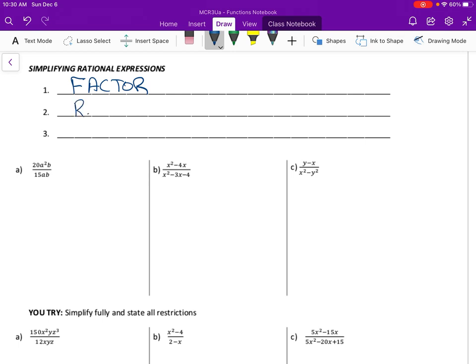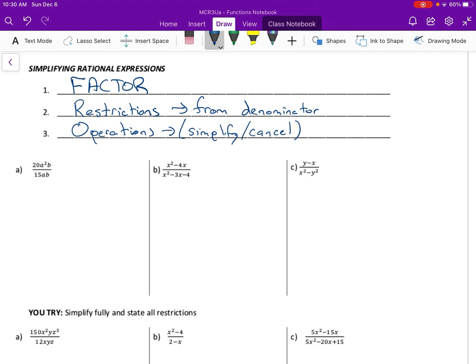The next thing, right after you factor, is to state the restrictions. Again, it's only from the denominator. And then the next thing is to do whatever operations you need: you multiply, divide. So we simplify. If you want to think of it, it's canceling out, but I like to just say divide rather than cancel.